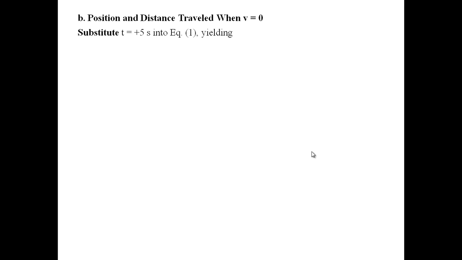It is related to position, so substitute t is equal to plus 5 seconds into equation 1. Equation 1 is x is equal to t cube minus 6t square minus 15t plus 40. Substituting t is equal to 5, we get x at t is equal to 5 is equal to minus 60 meter.